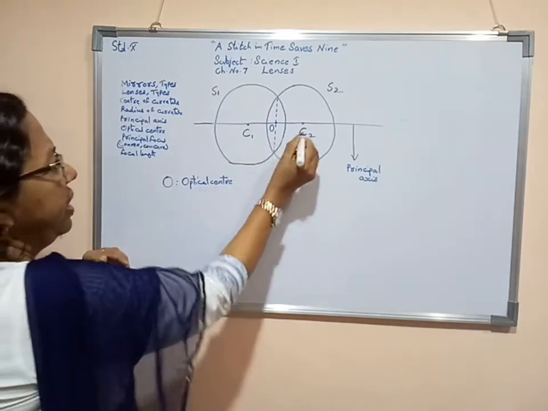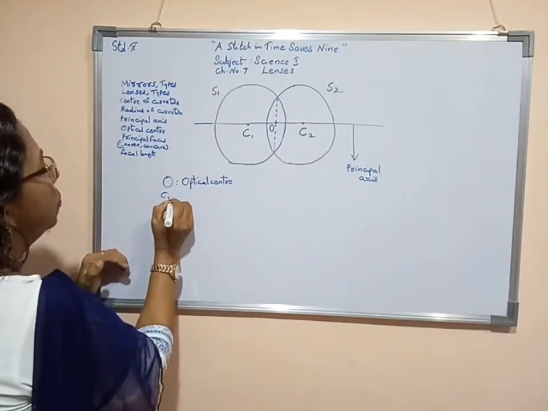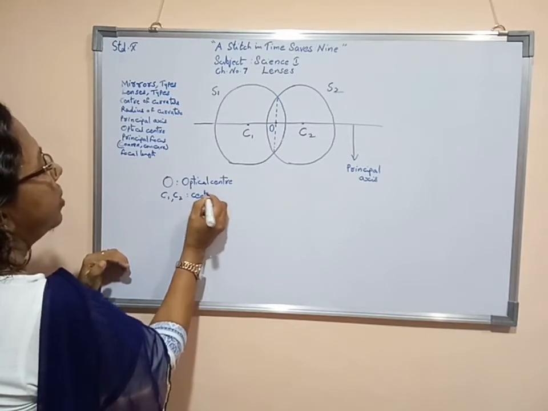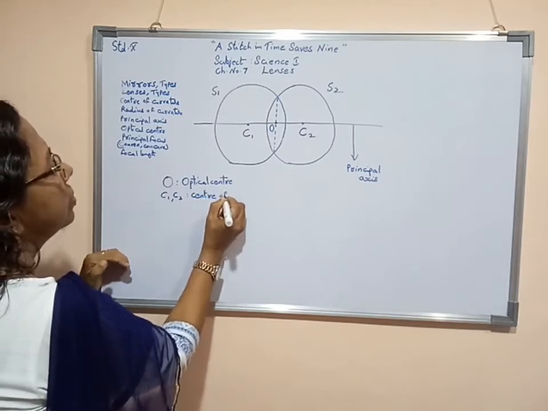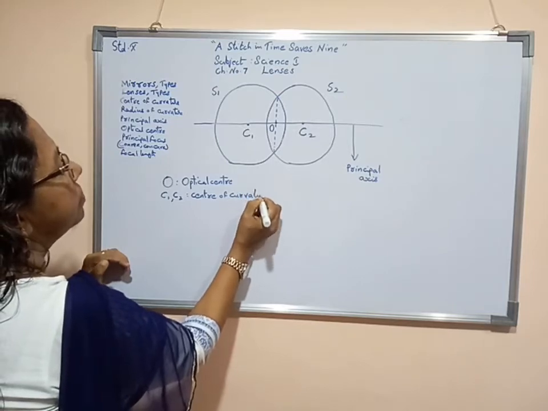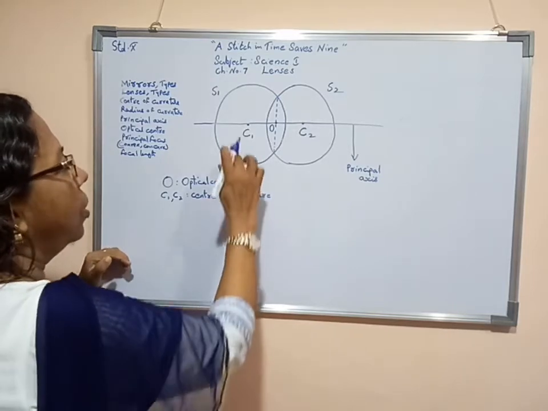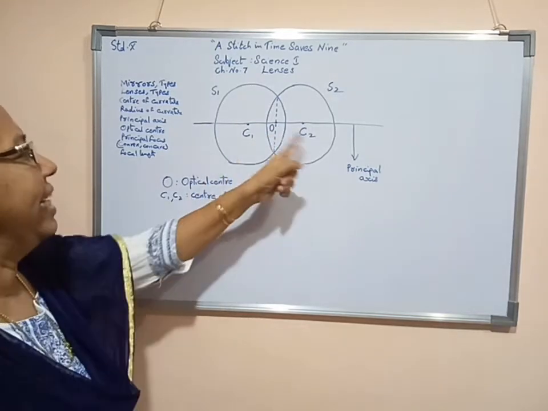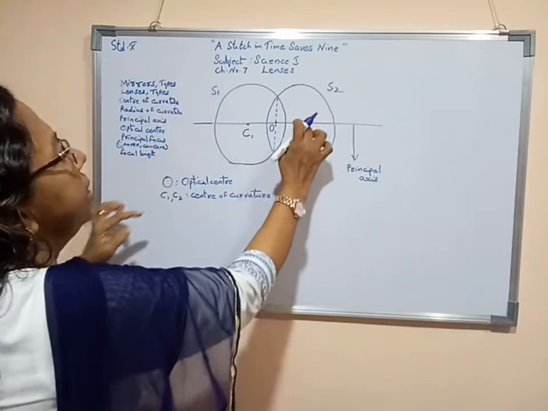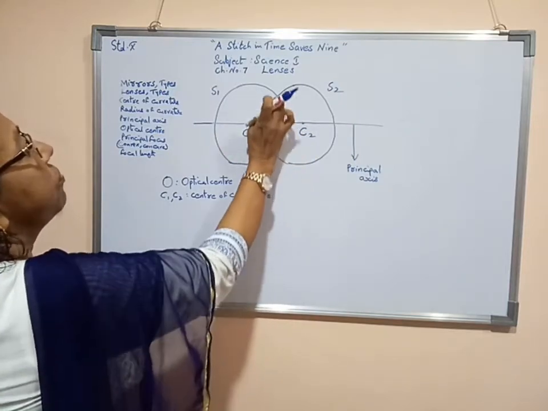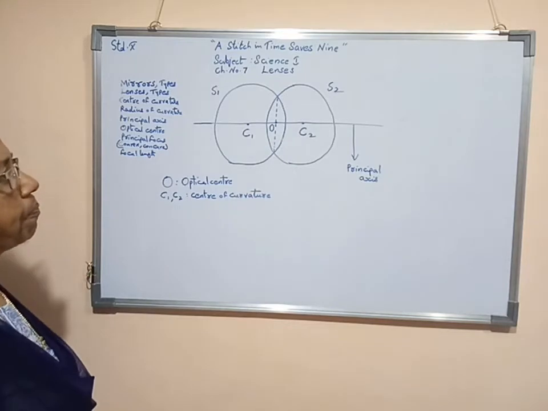Now these C1 and C2 we can say are the centers of curvature of the lens. Here a sphere is there, and its center we are calling the center of curvature of this lens.